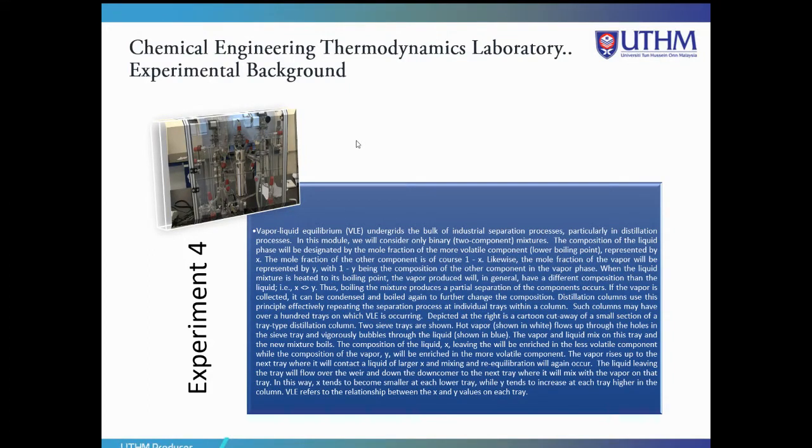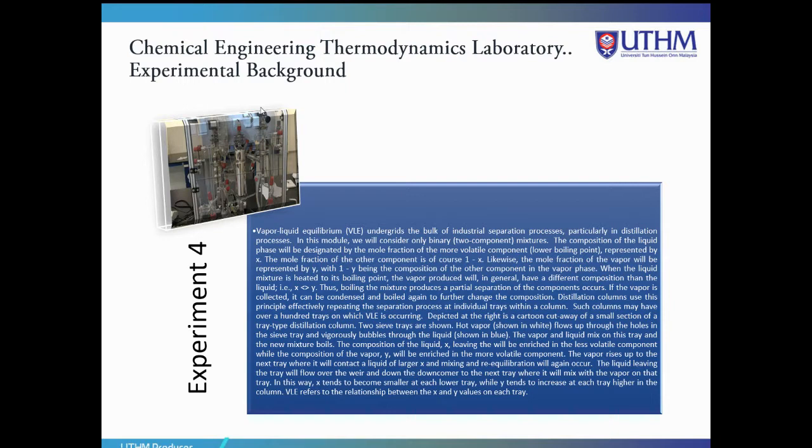And then we further venture into experiment 4, which is vapor liquid equilibrium. Vapor-liquid equilibrium underlies the bulk of industrial separation processes, particularly the distillation process. In this module, we will consider only a binary two-component mixture.